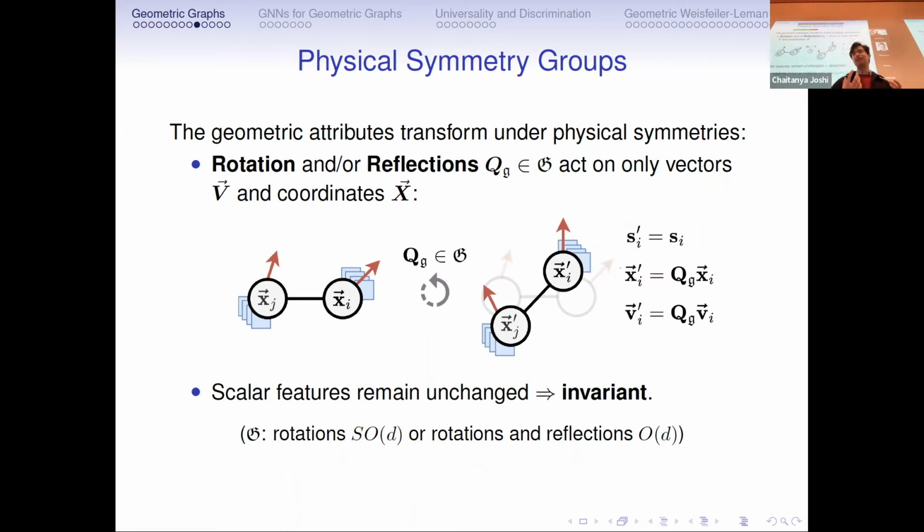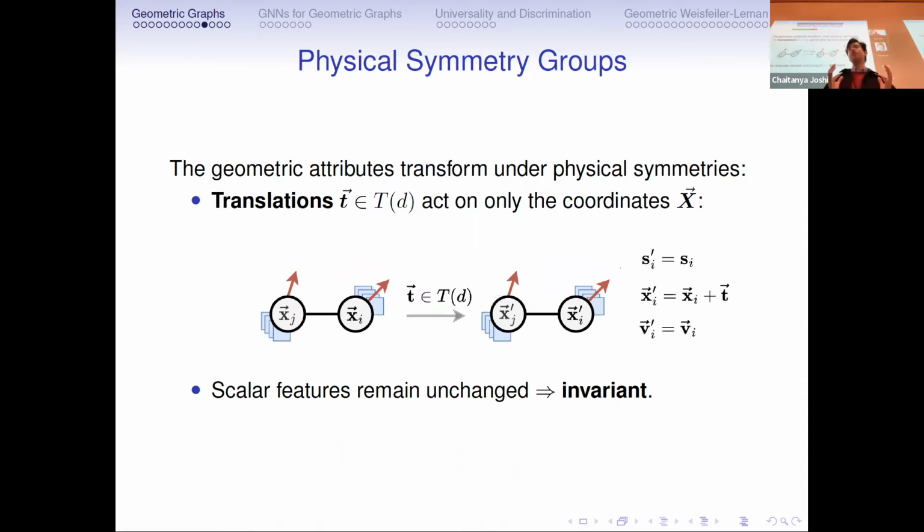However, the geometric attributes do change. They transform as you transform your graph. So if you were to rotate your graph, your coordinates and your vector features will rotate accordingly. Your scalars will remain unchanged. These are invariant quantities. But if you do anything to the geometry, then your geometric attributes will change along with it.